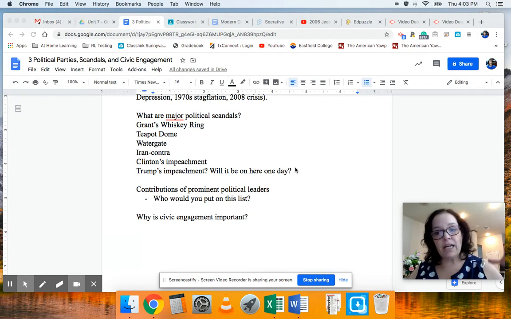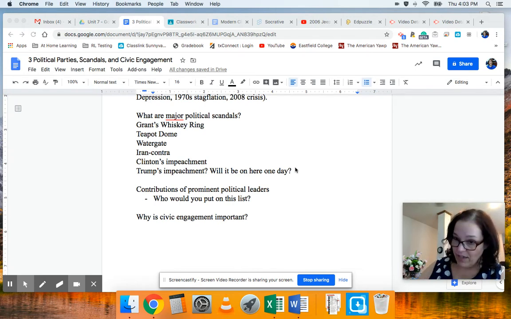Remember, 1920s, small government. Nobody's really running the show. And so the Teapot Dome scandal is Albert Fall, the Secretary of the Interior, under Warren G. Harding. He basically takes a bribe to let an oil company drill in an area that is known for the oil reserves of the United States Navy.